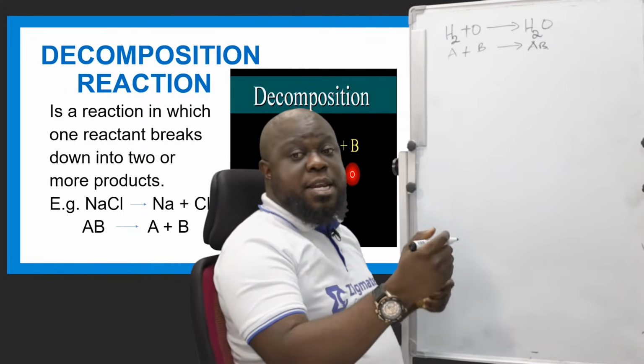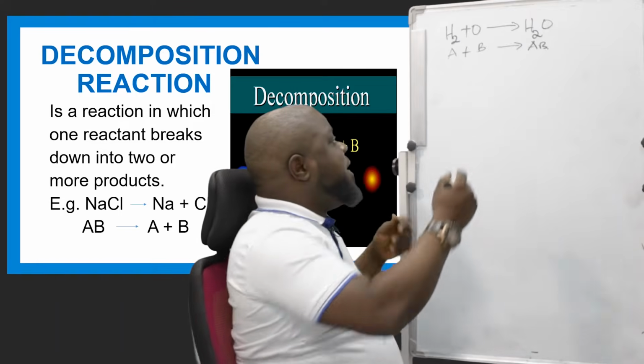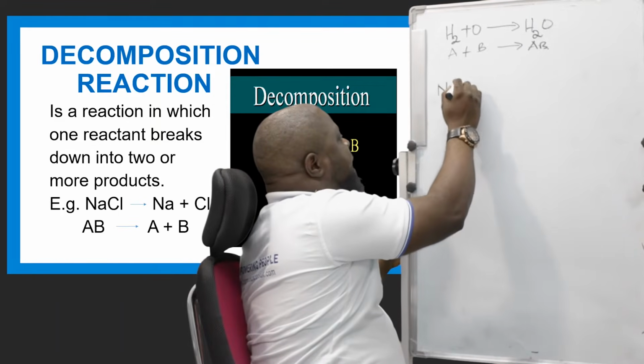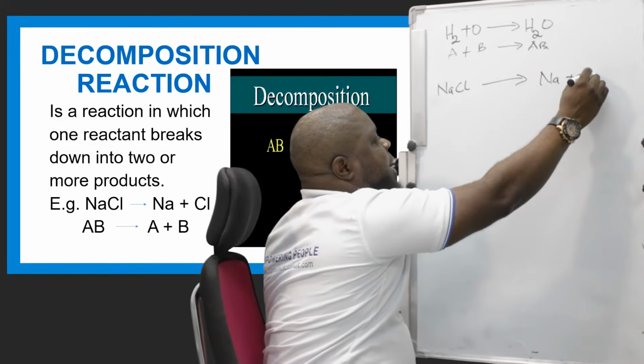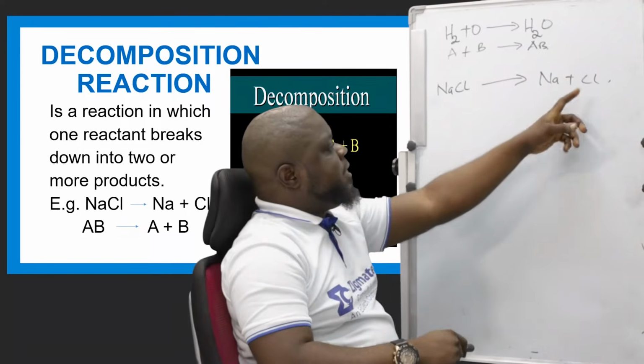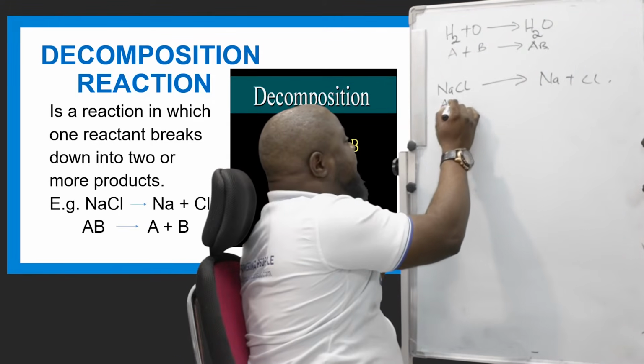Now, if you check, they say AB gives you A plus B. Now, this one is sodium chloride. The sodium chloride gives you sodium and chlorine. These are the two things that came together to form sodium chloride. Now, this sodium chloride is AB.